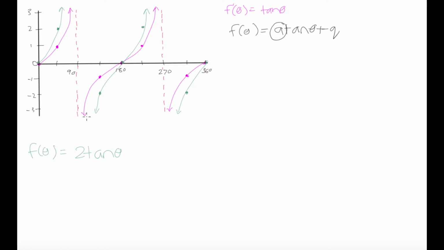We can see that our purple graph was more flattened than our green graph, and that's because at these key points, our zeros are always going to remain 0, but our points that were either at 1 or negative 1 are now going to be whatever our a value is multiplied by 1 or negative 1. So where we had negative 1s, we have negative 2s. Where we had 1s, we have 2s. So we can see that those points of inflection in our graph have become bigger. And so our graph steepens out more.